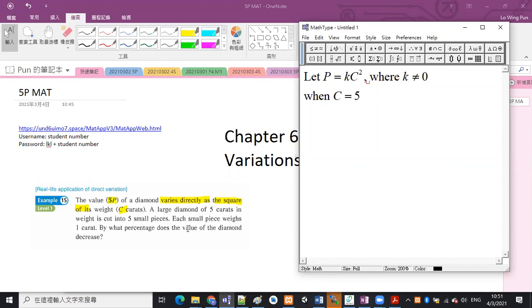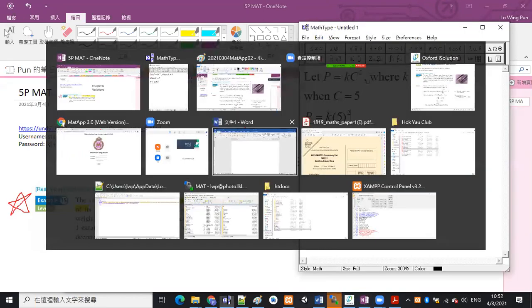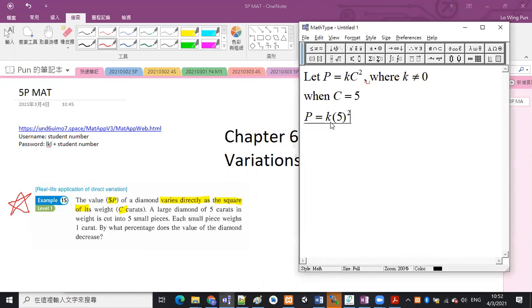C is equal to 5, P is equal to K times 5 square. 呢條有少少特別，你可以打粒星落去。我哋其實唔會揾到 K 等於幾多，亦都唔需要揾到 K。我哋只係知道 C 等於5，可以計翻個 P 出嚟，in terms of K，P is equal to 25K.